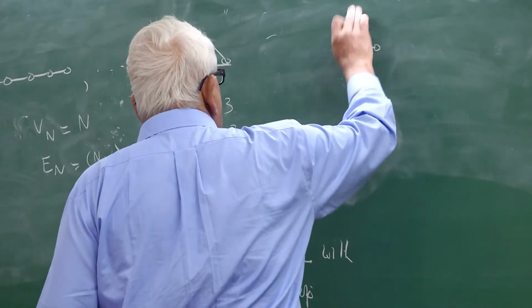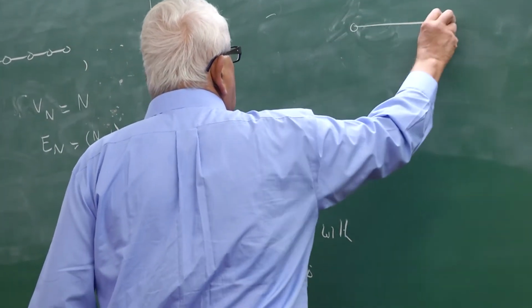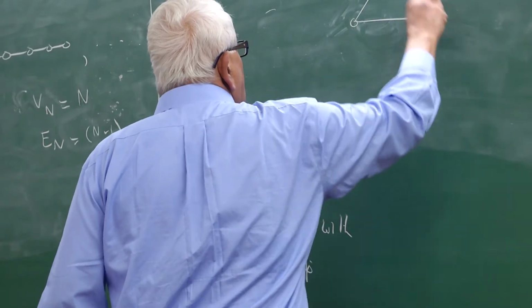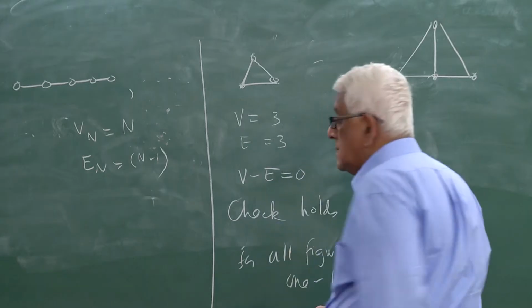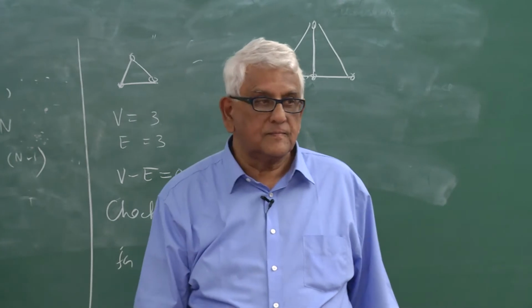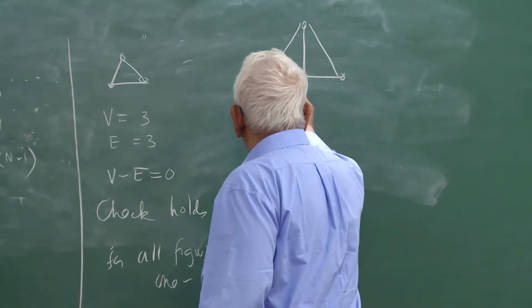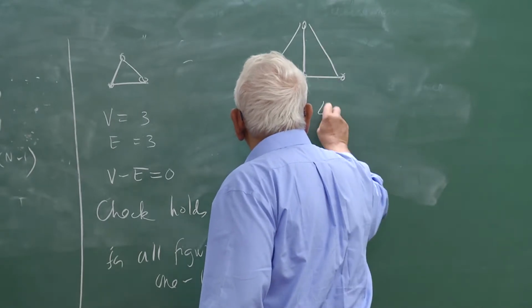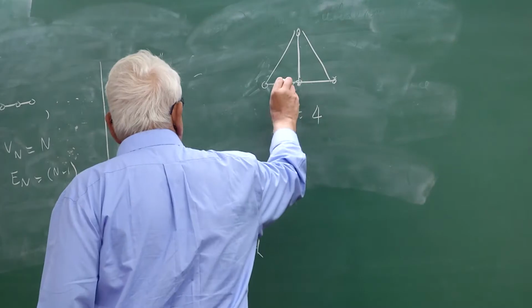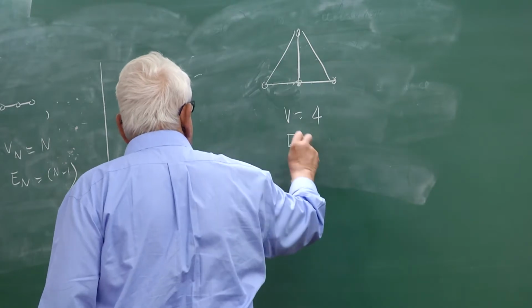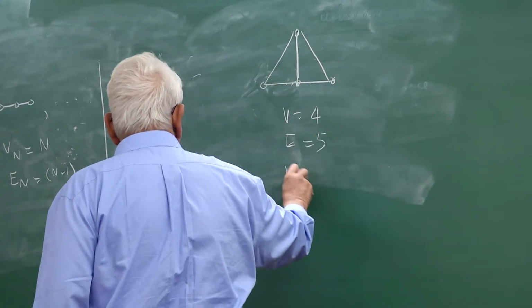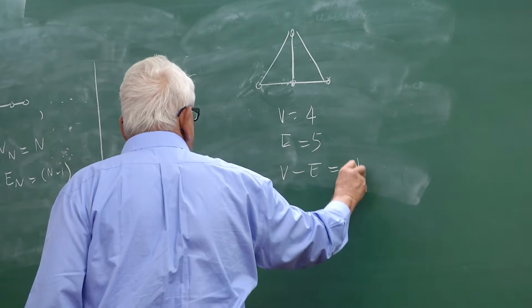Now, I make 2 loops. Okay. So, this time the V is 1, 2, 3, 4, E is 1, 2, 3, 4, 5, and V minus E is minus 1.